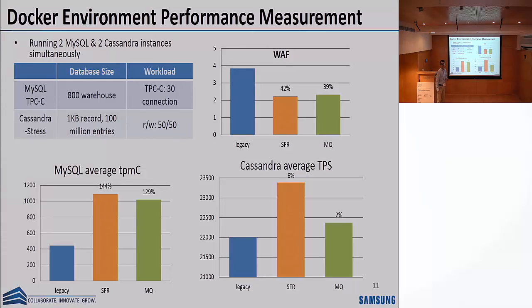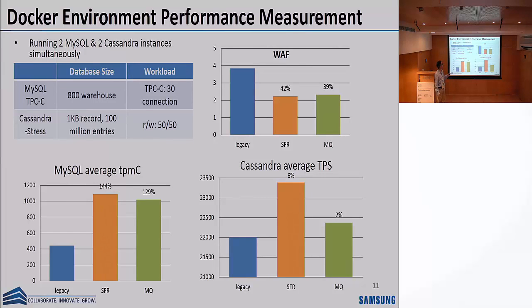Here is a representative performance evaluation result. We ran two MySQL instances and two Cassandra instances in one Docker environment. As you see here, both algorithms reduce WAF almost 40%, meaning that both algorithms could increase SSD lifetime almost 2x.